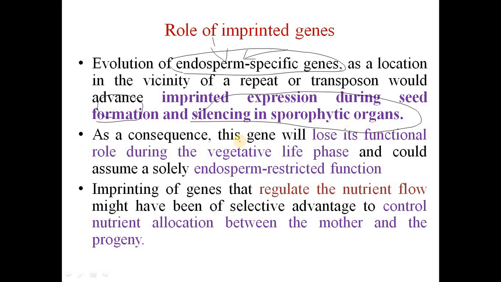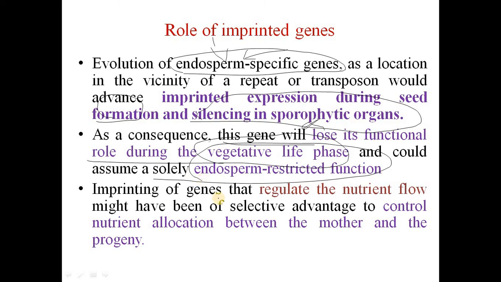And because of this, the gene will lose its functional role during the vegetative life phase, that is, in sporophytic organs, and because of that it has a solely endosperm-restricted function.